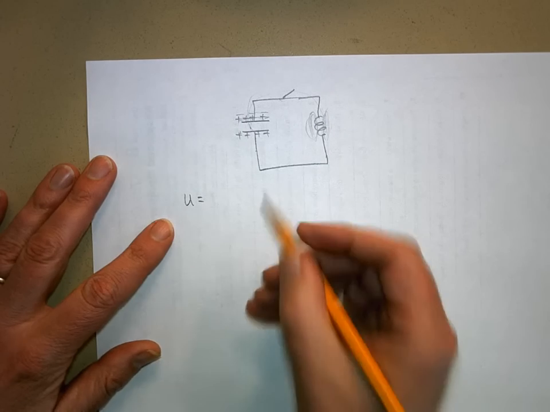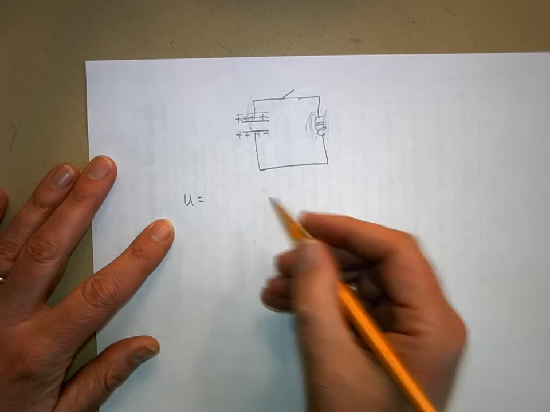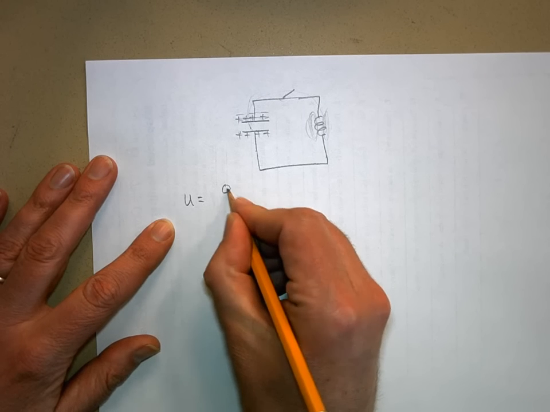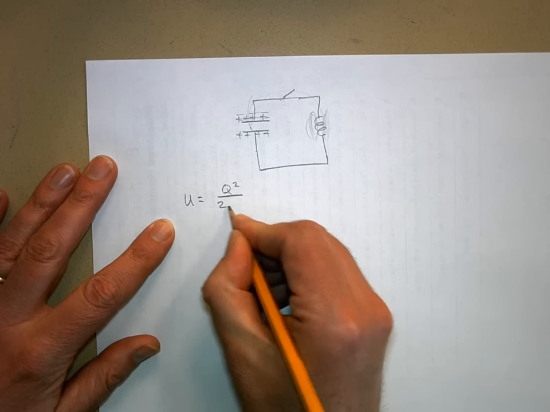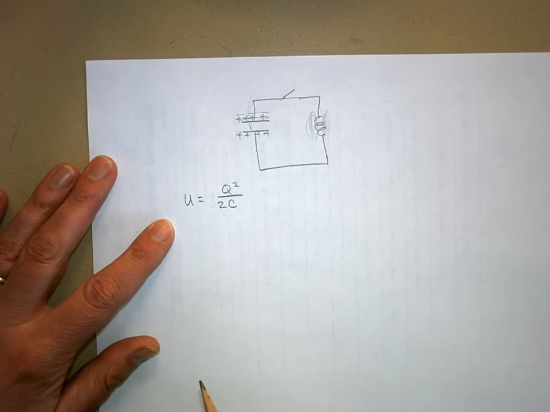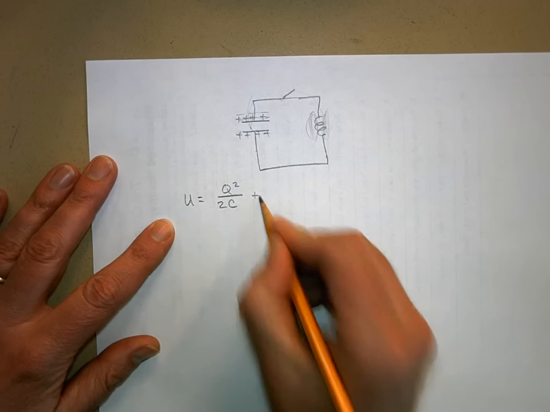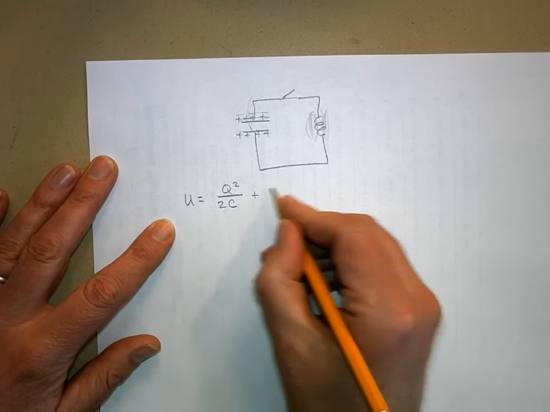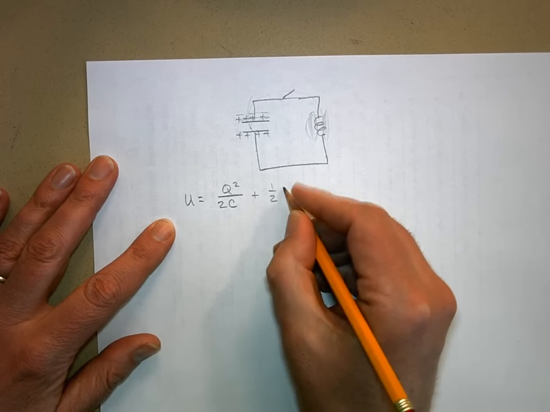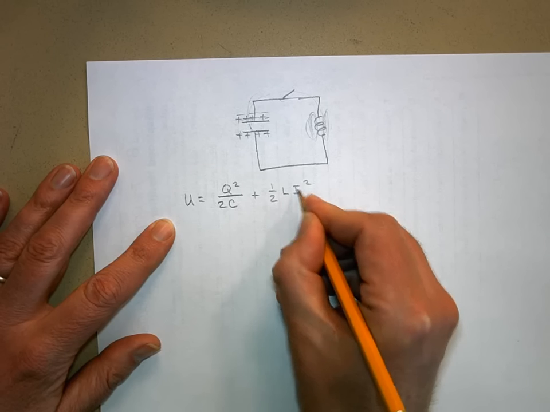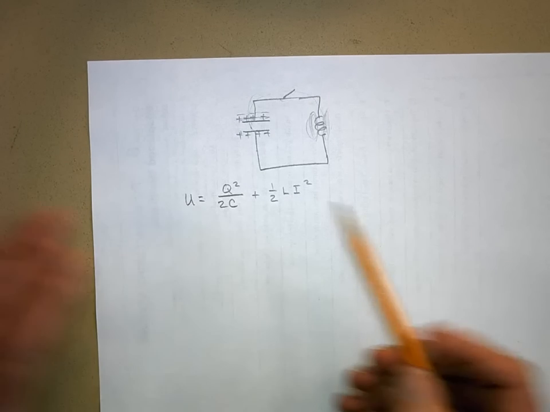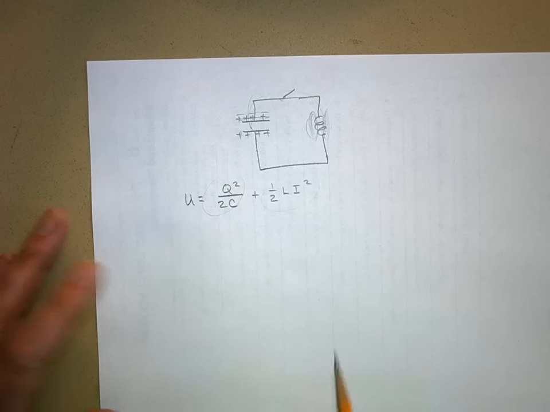And so we said, well, at any given time t, the energy in here, which is Q squared over 2C, that's the energy of a capacitor, plus the energy in the inductor, which we had was 1/2 Li squared. We derived that. So if you don't remember that, you've got to look them up.